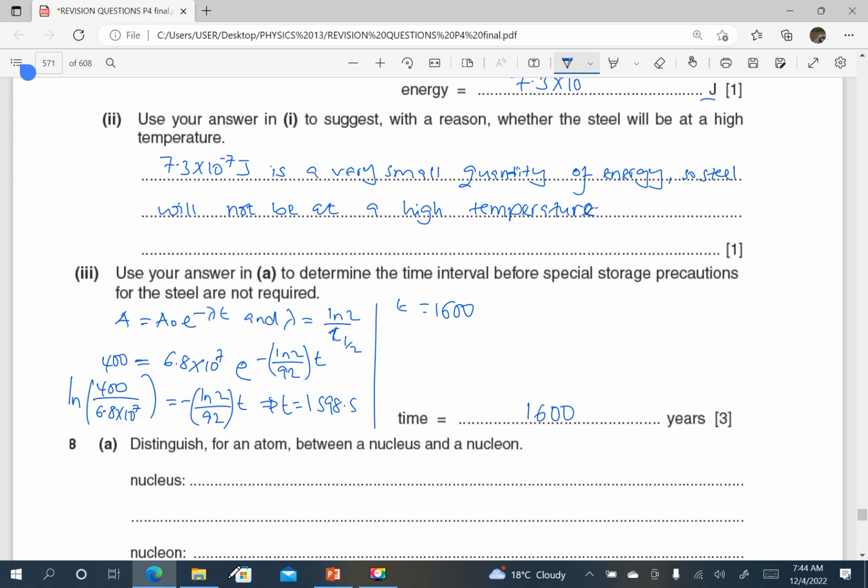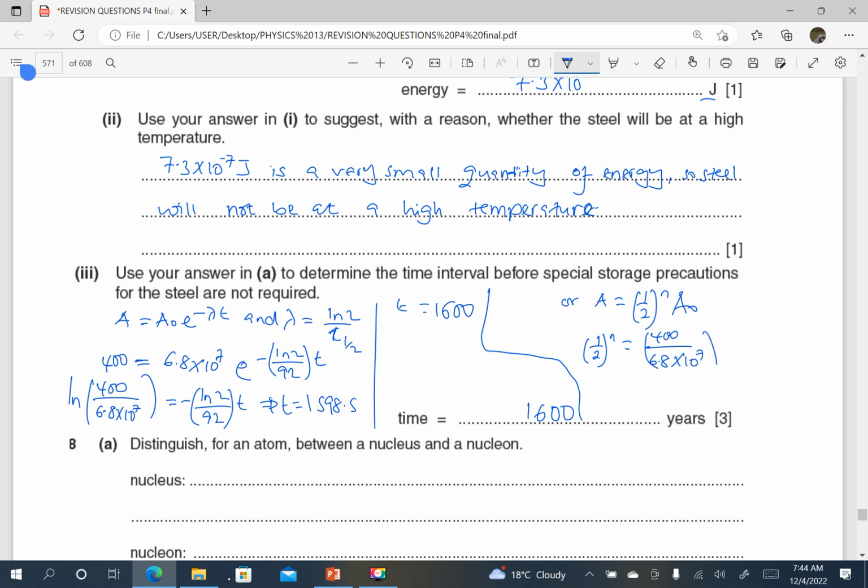There's another simpler method or shortcut. Activity is equal to a half power n times the original activity. All we need is to find n. So a half power n is equal to the activity at that time, which is 400, divided by the original activity, which is 6.8 times 10 power 7.